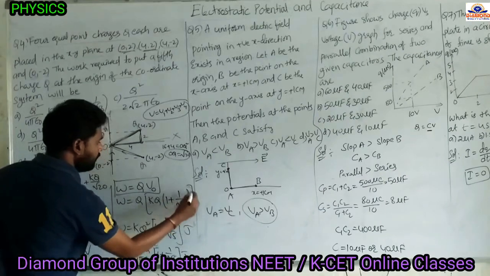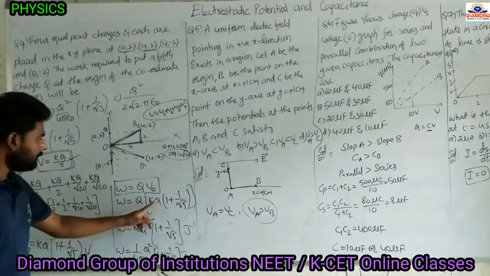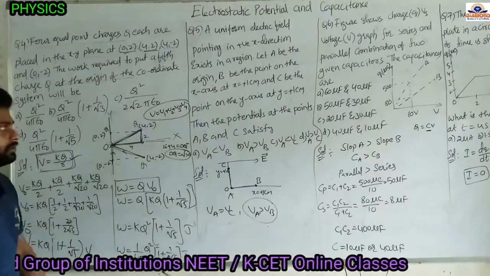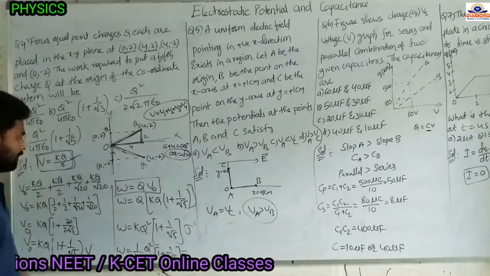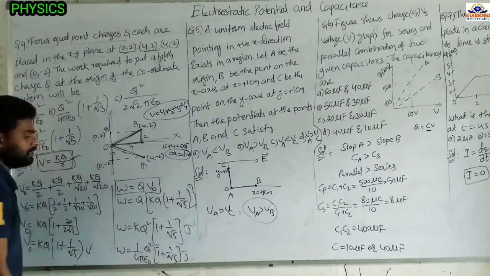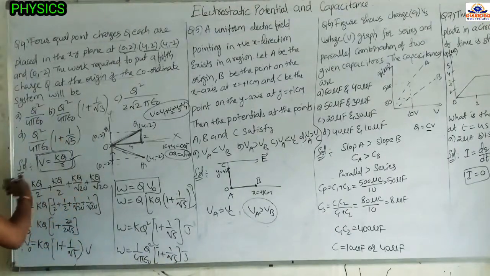I am not simplifying anything. Why? Because the options also have 1 plus 1 by root 5 only. So now Q into KQ, that is KQ squared into 1 plus 1 by root 5 joules, is the work done. But here the K value we have to write: K is 1 by 4 pi epsilon naught. Then the answer is Q squared by 4 pi epsilon naught into 1 plus 1 by root 5. So Q squared by 4 pi epsilon naught, option D is the right answer.